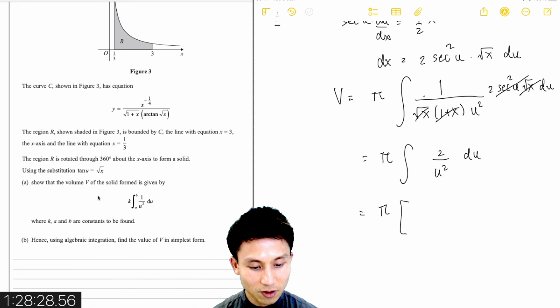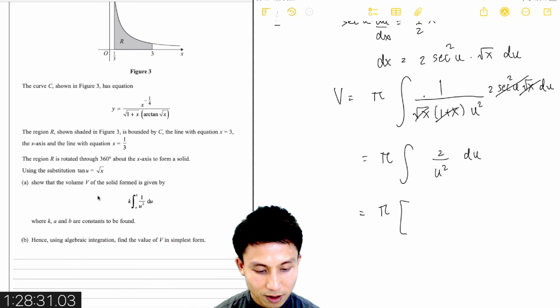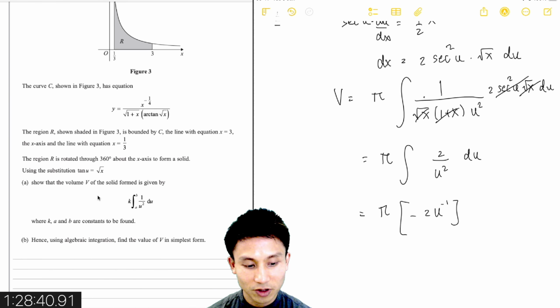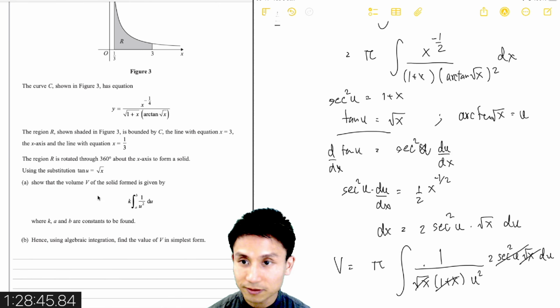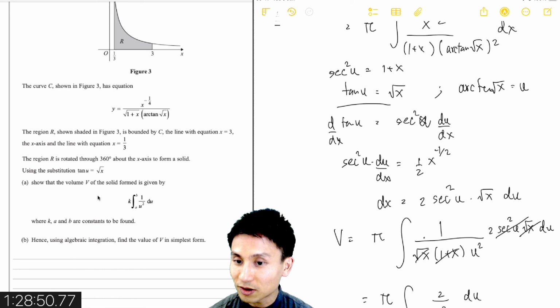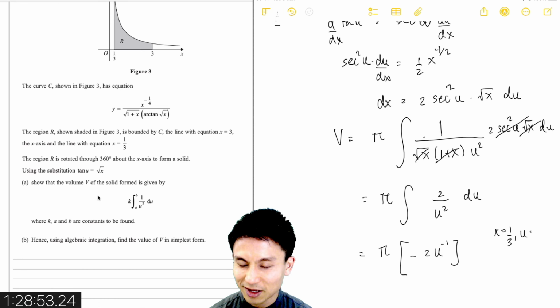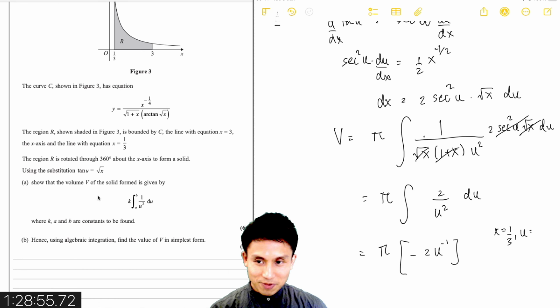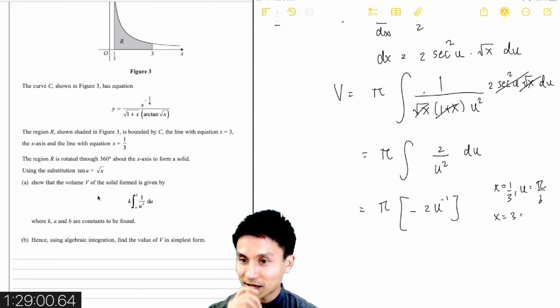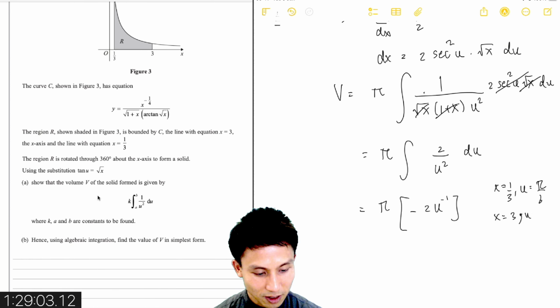So integrating, we get minus 2u to the minus 1. Putting in the bounds, a from b. Oh, we want to show, so hang on. When x equals 1/3, u would be pi over 6. And when x equals 3, u would be pi over 3.